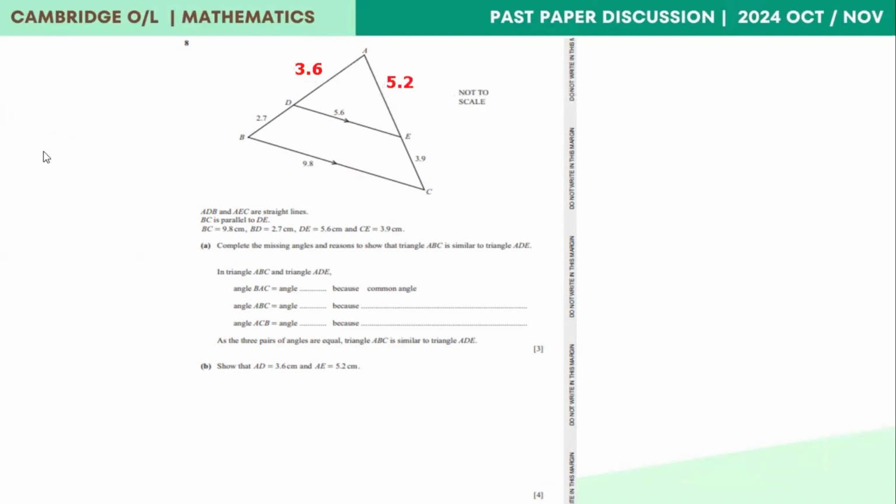They are asking angle DAE. This is a non-right angle triangle, therefore we have to use trigonometry. We have three known lengths and one unknown angle, so the method we are going to use is the cosine rule.